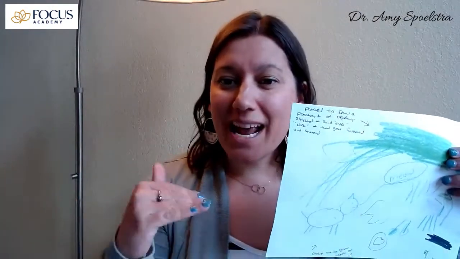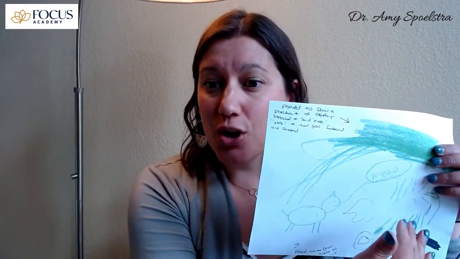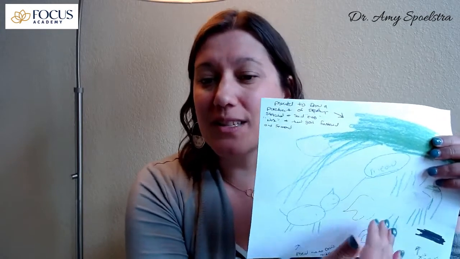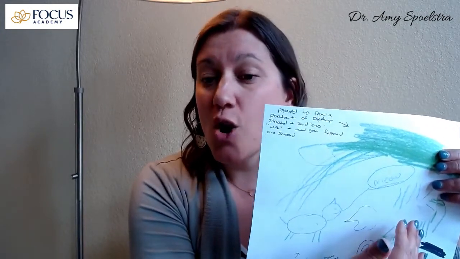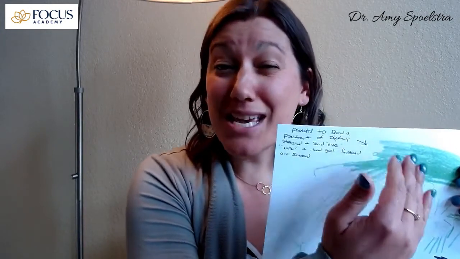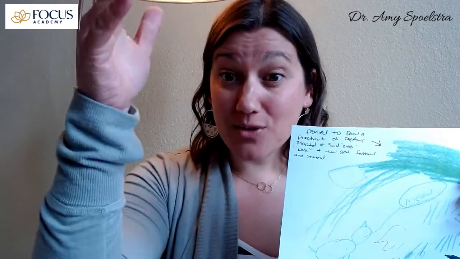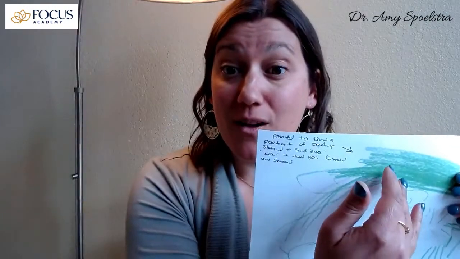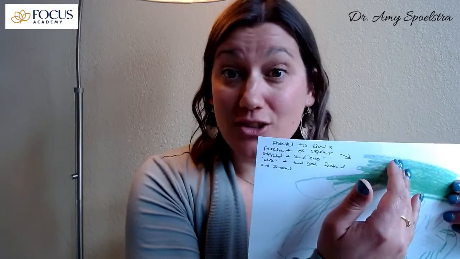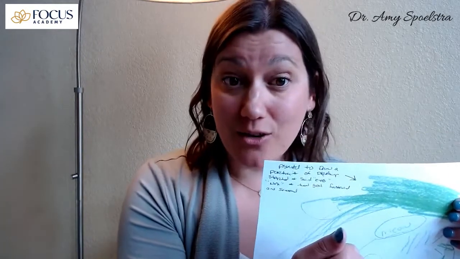So when I asked her to do her, she could do it, not super sophisticated, but she could do some of it. When I asked her to do me, which is more abstract and awareness outside of self, she could not do that, and she got really frustrated and angry, and she scribbled.